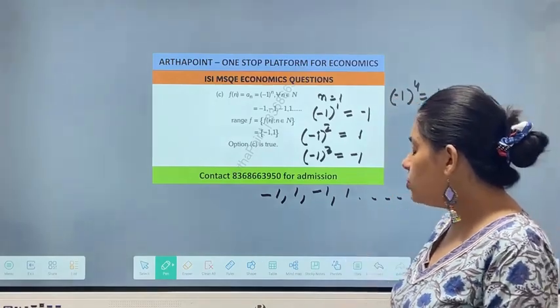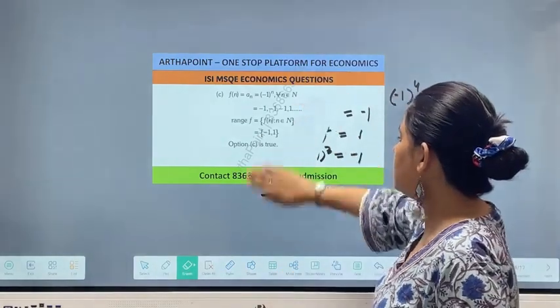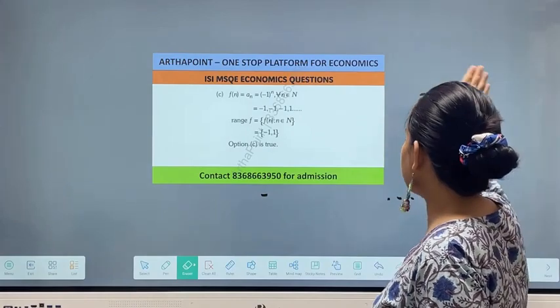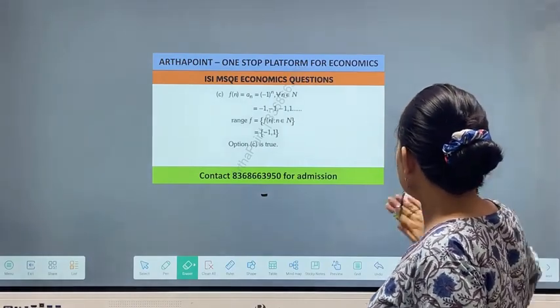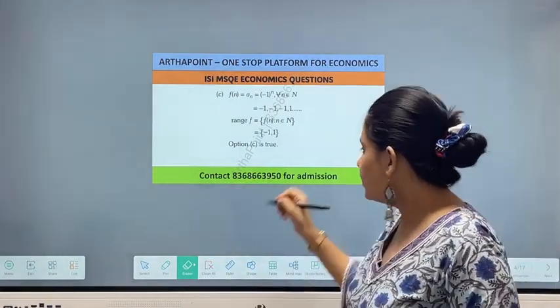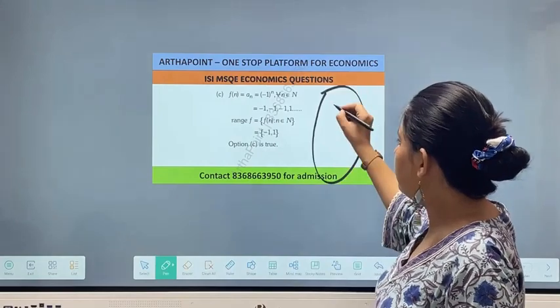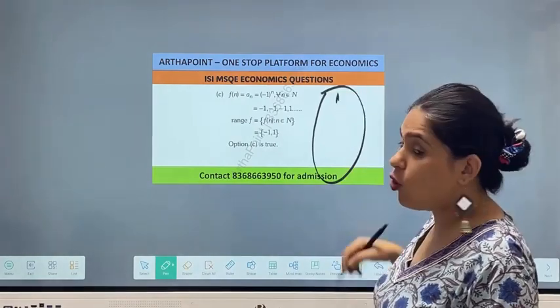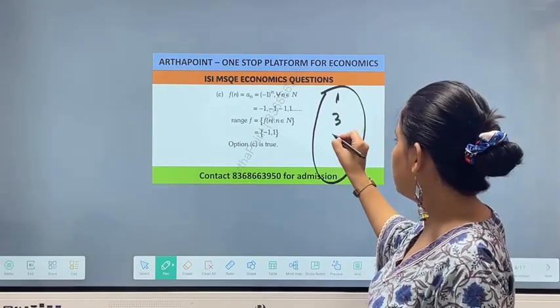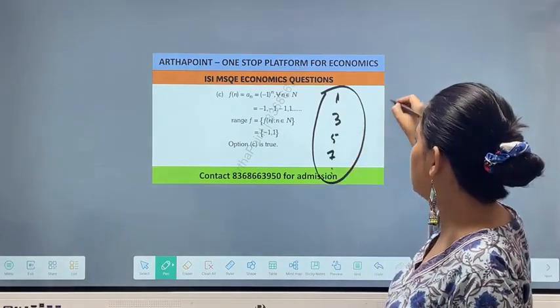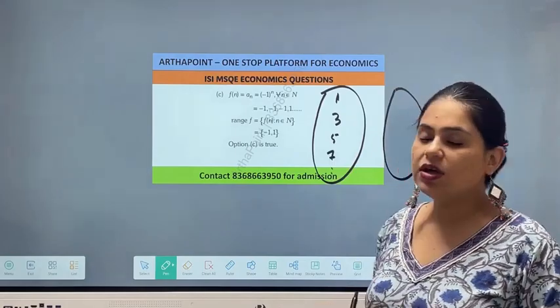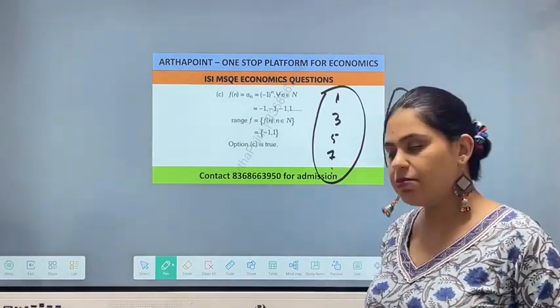If I were to also plot this, how can I show this diagrammatically? I can show this saying that if I put any odd number, 1, 3, 5, 7 and so on, then for all of those, the answer that I get is minus 1.